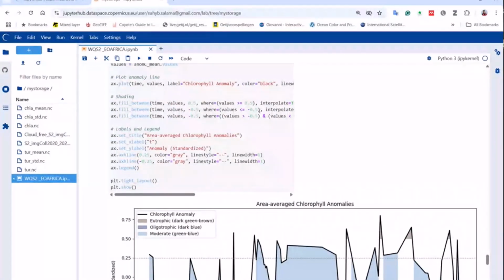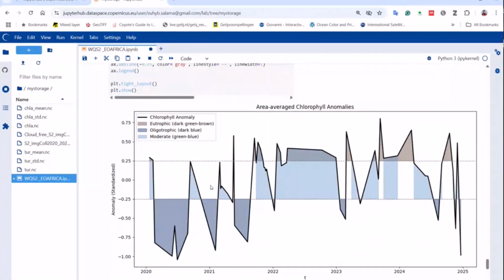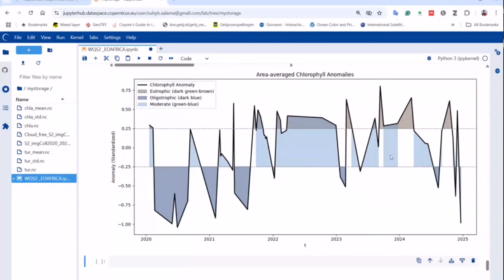So let me just improve this figure, if you allow me, before we finalize our webinar. So now it is better suited in that way. So in most of the time it is normal conditions.